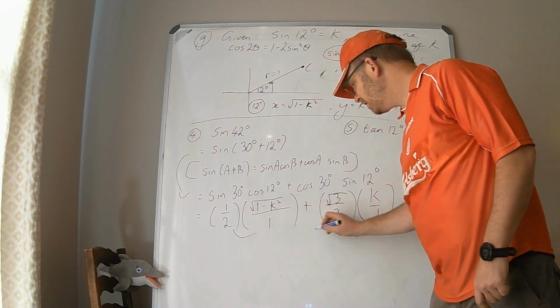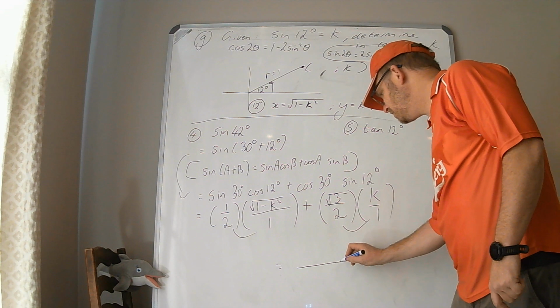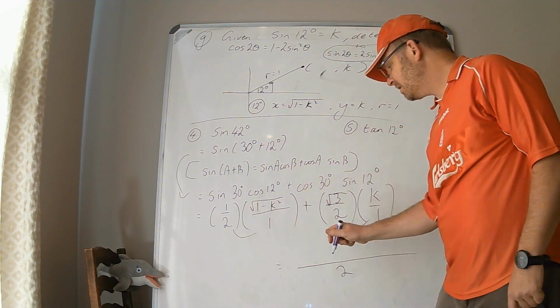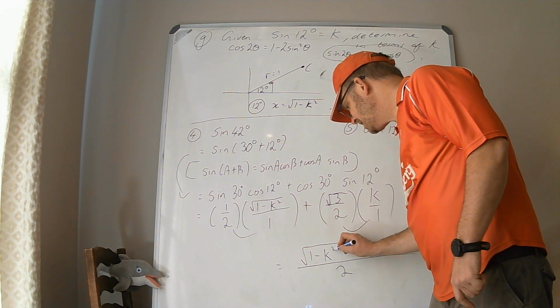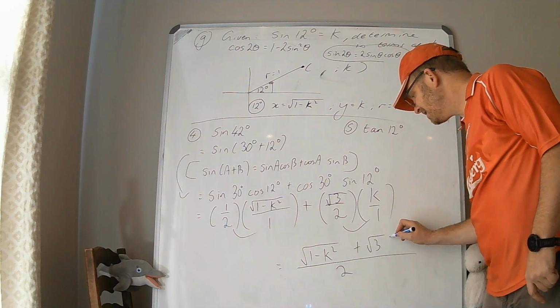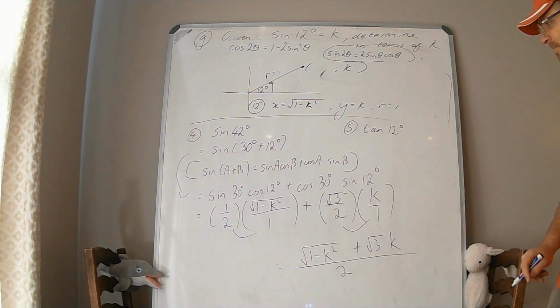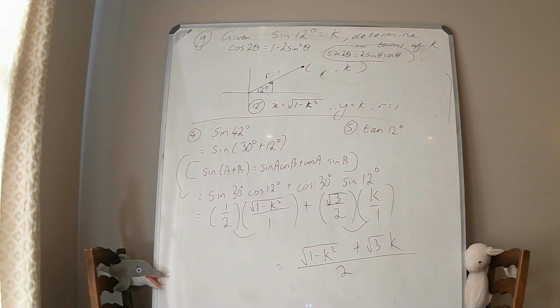So if you times the denominators together, you get 2. So I'm going to get something all over 2. This term is going to be the square root of 1 minus k squared, and it's going to be plus root 3 k. Okay, so there's your answer for question 4. Square root of 1 minus k squared plus root 3k all over 2.